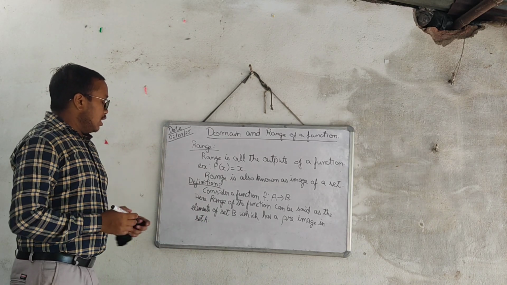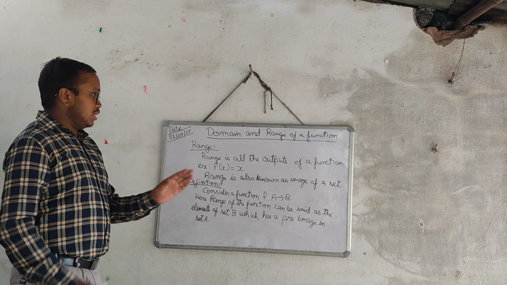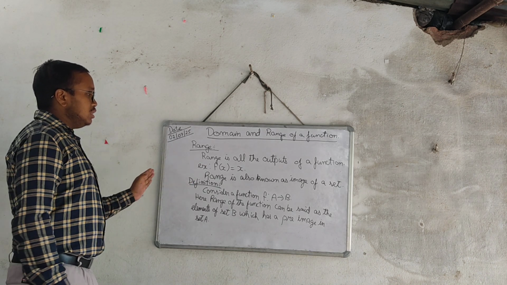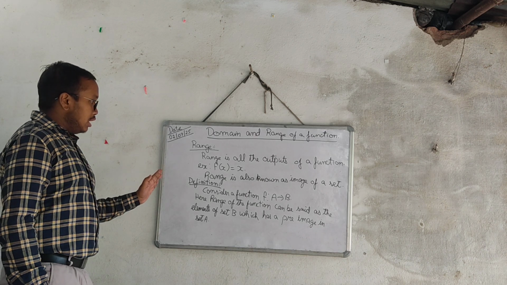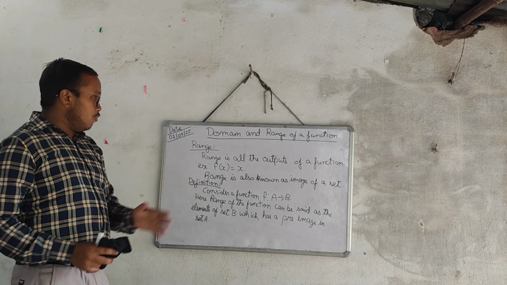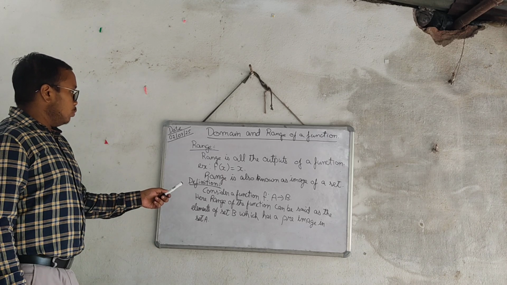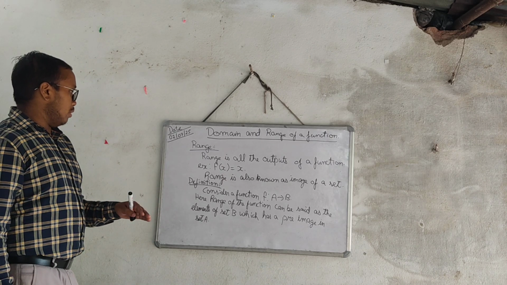This means that every element of set B which has a pre-image in set A is said to be a range of that set. Now let's understand this with a short diagram.